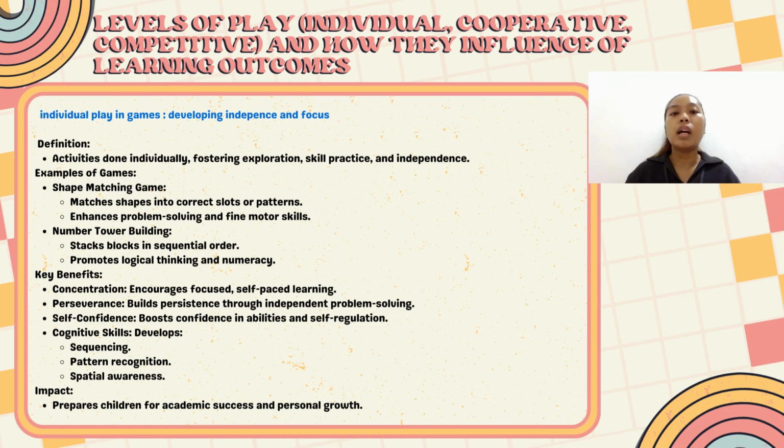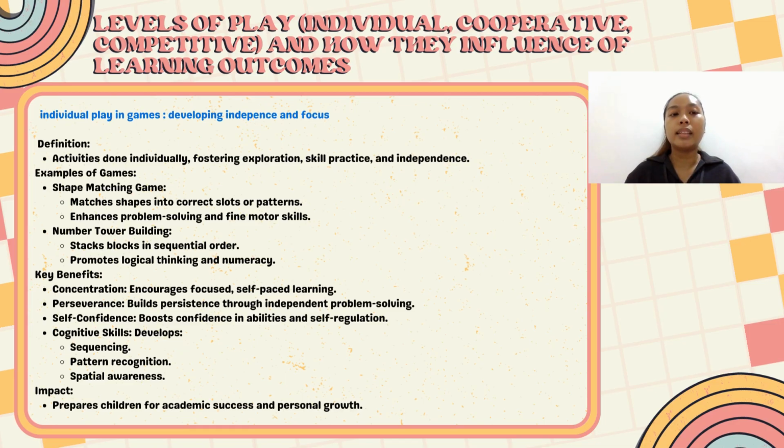Similarly, in number tower building, a child places number blocks sequentially, which encourages logical thinking and numeracy. The hands-on aspect of these activities helps children to concentrate completely, which develops perseverance and self-confidence. Individual play produces substantial results.